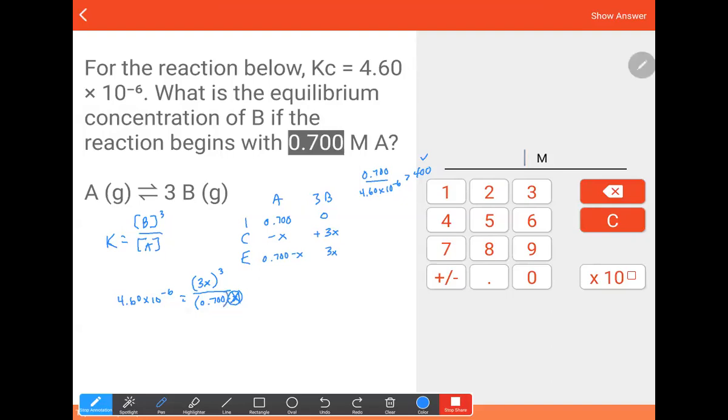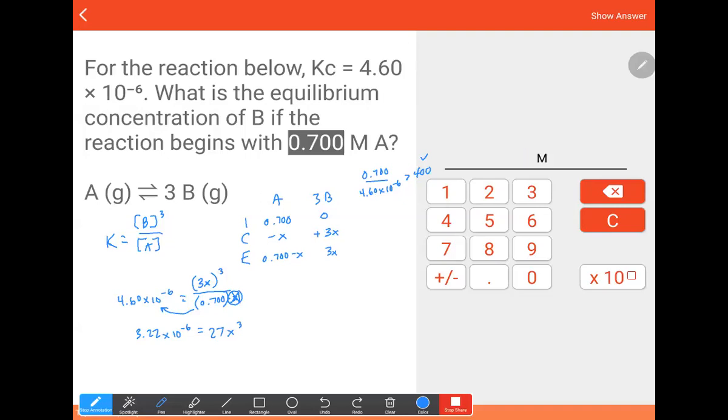So now I will multiply this up and over. So 4.6 E to the negative 6 times 0.7 equals 3.22 times 10 to the negative 6. And that is equal to 27x cubed. Don't forget to cube not only the x, but the 3.